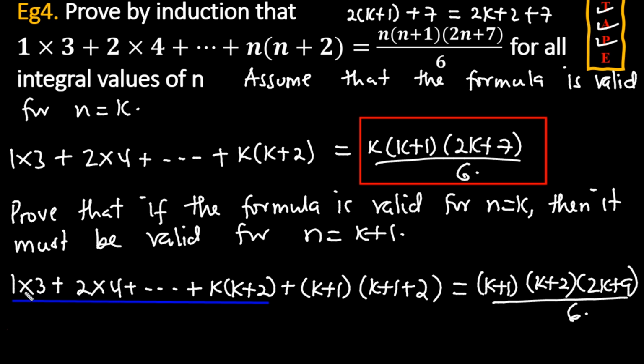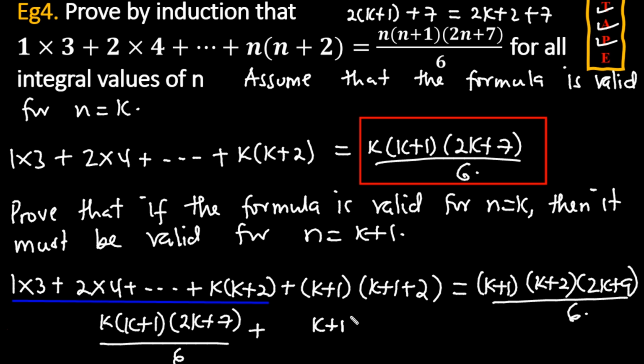So where there is 1 times 3 plus 2 times 4 plus dot dot dot plus k into k plus 2 close brackets, I'm going to substitute k into k plus 1 open brackets 2k plus 7 everything divided by 6, then plus k plus 1 open brackets k plus 3, everything is equal to the right hand side.